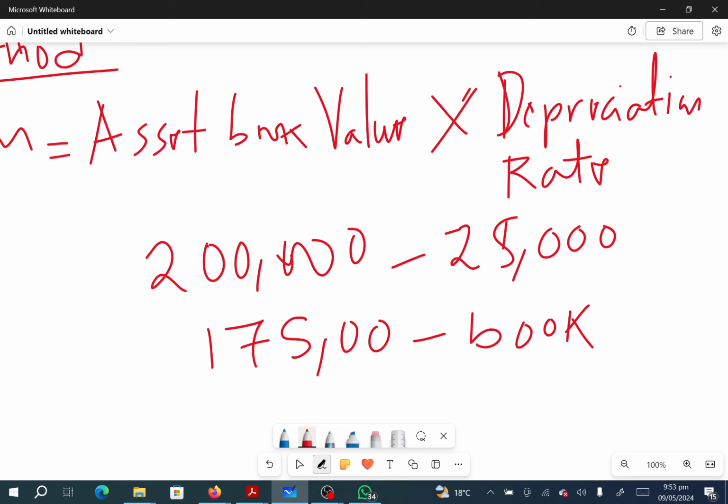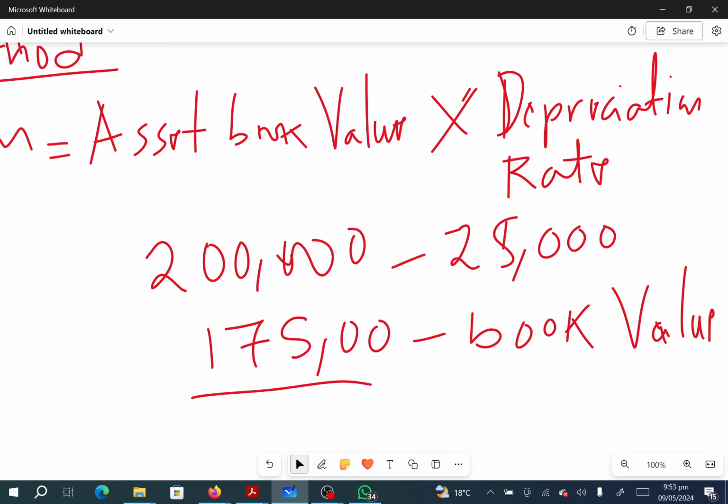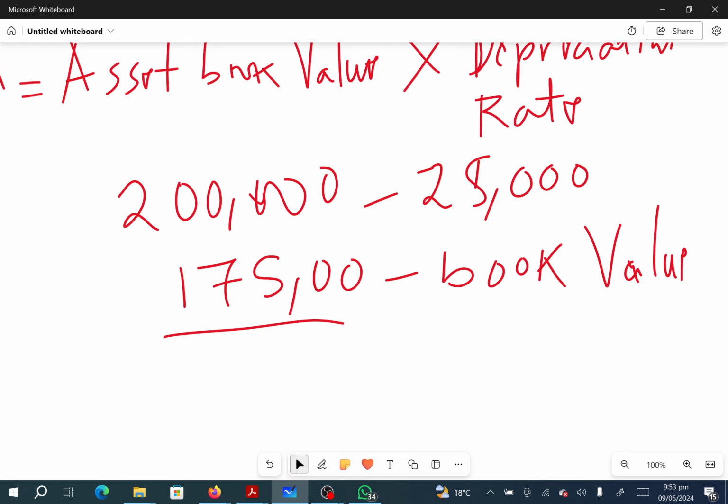So this book value of this asset will keep on reducing. That's why it is called the reducing balance method. You'll be reducing the book value of your asset.